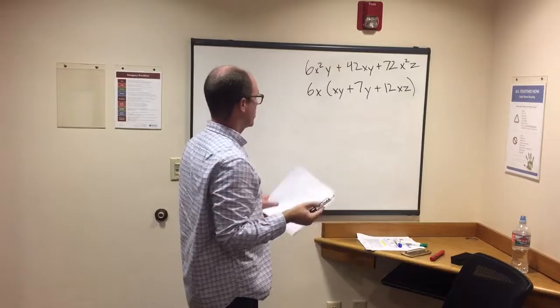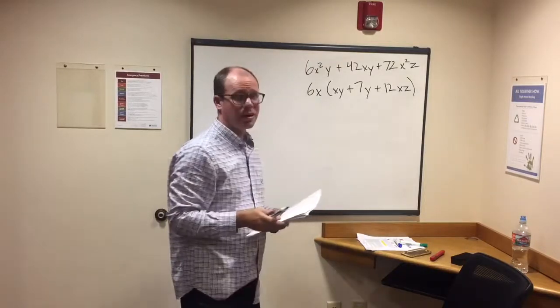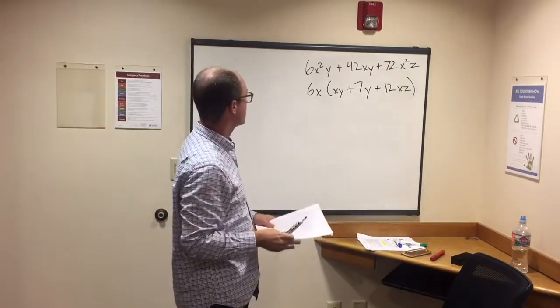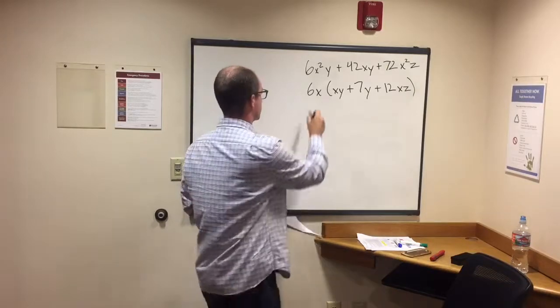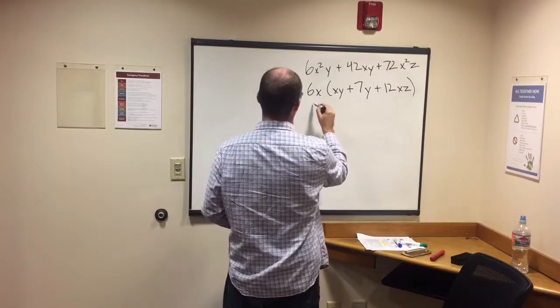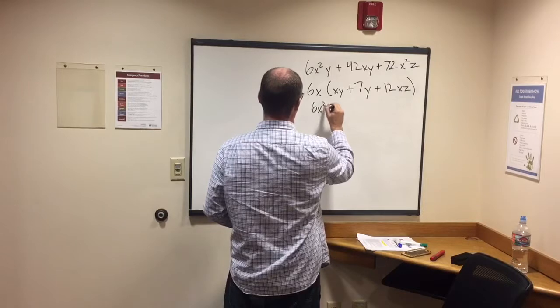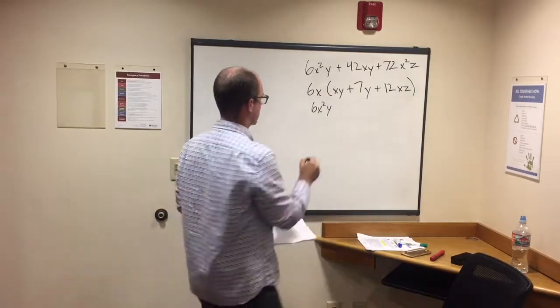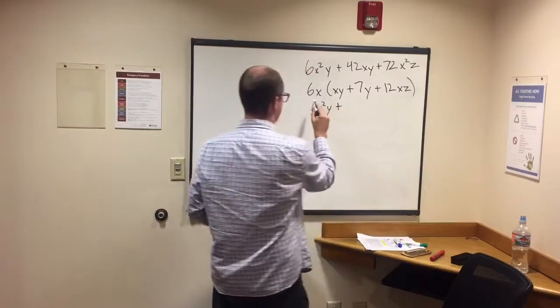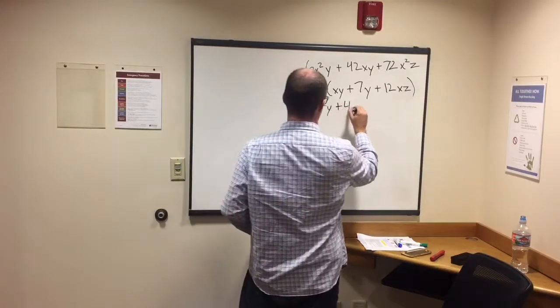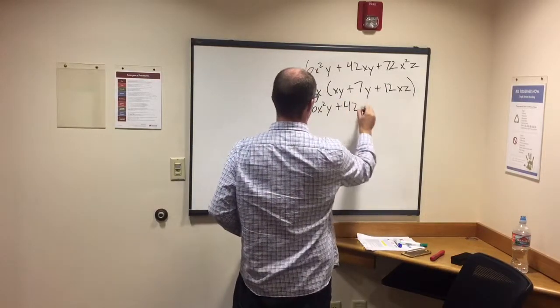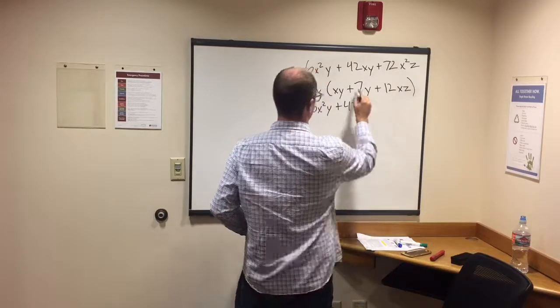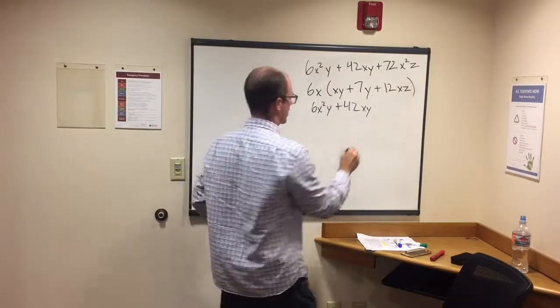Now you can also, if you do this and you're like, man, I don't know if I did it right or not, go ahead and multiply it all out and see if you got the right answer, right? So 6x times xy equals 6x squared y. That's what we had up here. That looks good. Plus 6 times 7 is 42xy. That's what we have up there. That looks good.